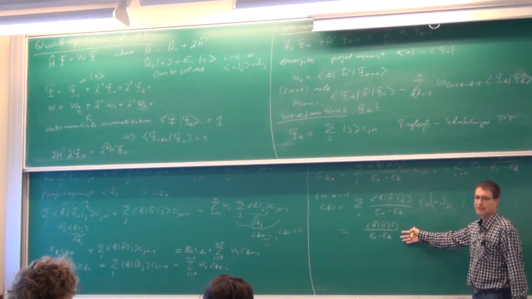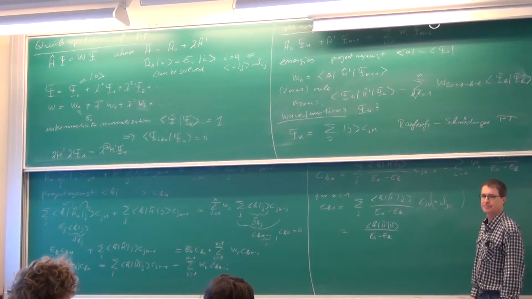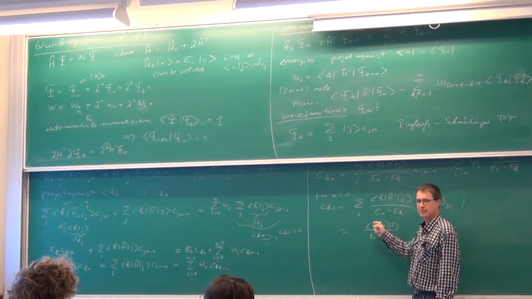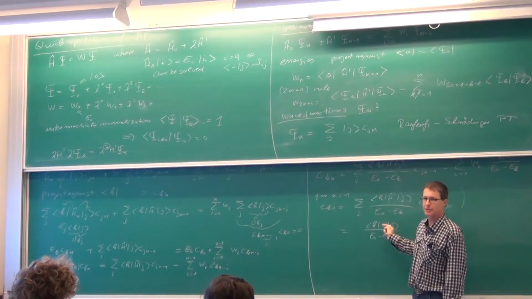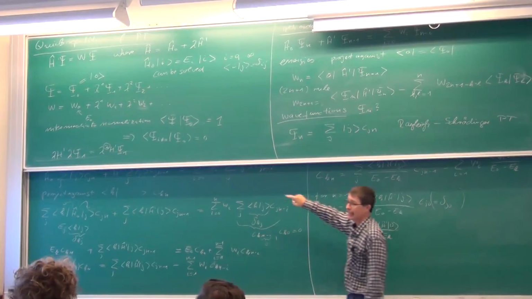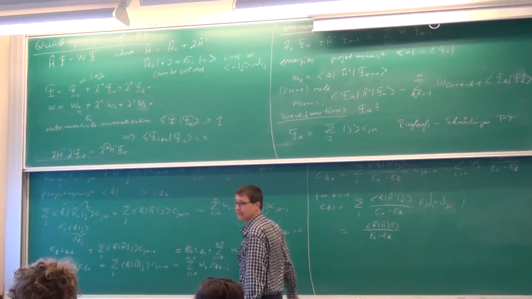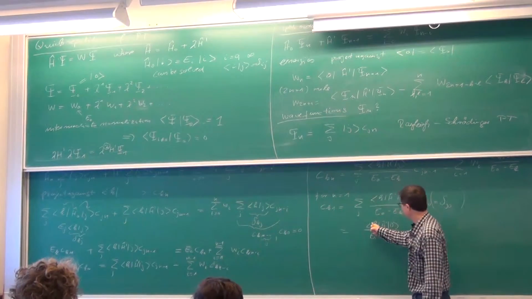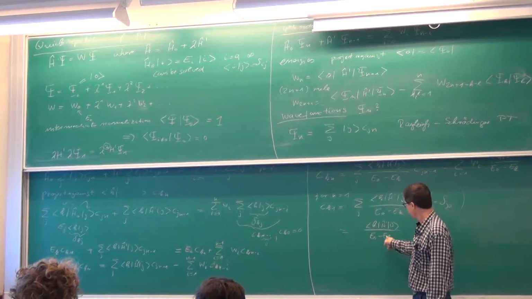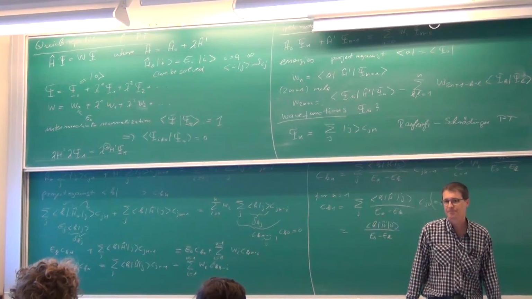So that's a very simple coefficient. You need two of the unperturbed states. It's the matrix element of the perturbation between two of the unperturbed states. Your reference state, our expansion point, and then the state whose coefficient we look at, and it is divided by the energy difference.